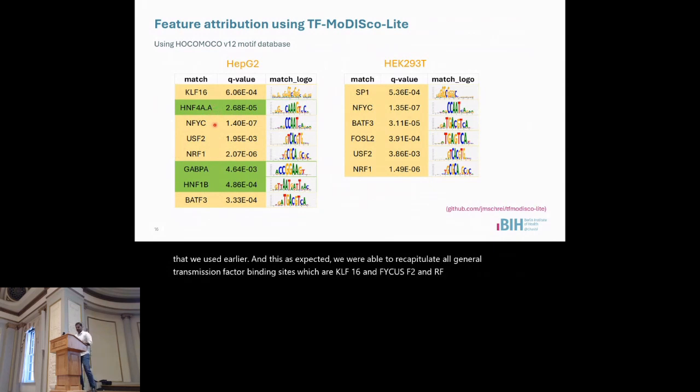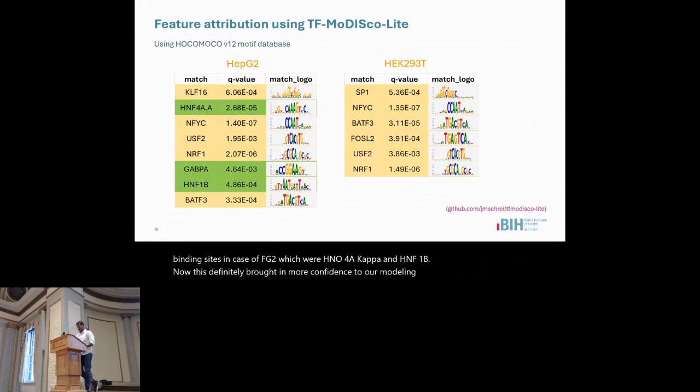And we found these in both cell types. But more interestingly, we also found some liver-specific TF binding sites in the case of HepG2, which were HNF4 alpha, HNF1a, and HNF1b.